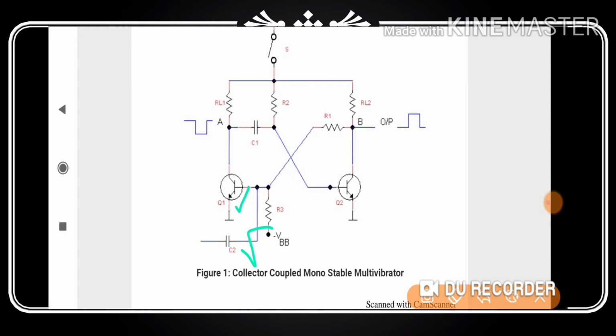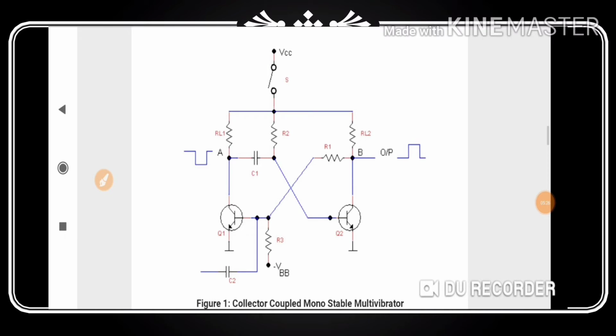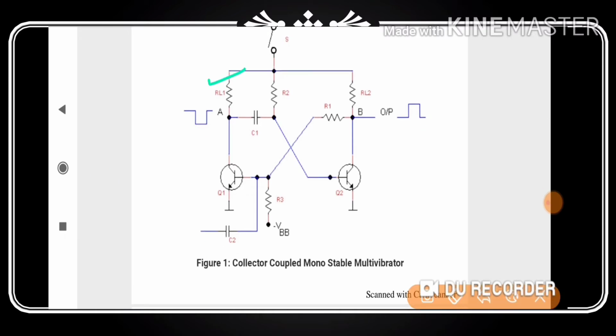It gives forward bias, hence Q1 will start conducting. As Q1 conducts, its collector voltage falls due to the voltage drop across RL.